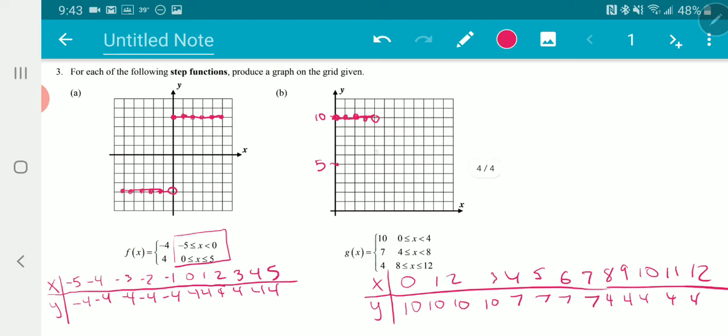And we're going to continue with 4 right here at 7, and go up until 8. 5, 6, 7. 8 is going to get that open circle at the value of 7, and then 8 is really going to pick up at 4 right here and continue all the way to 12. 8, 9, 10, 11, and 12. And there is our step function.